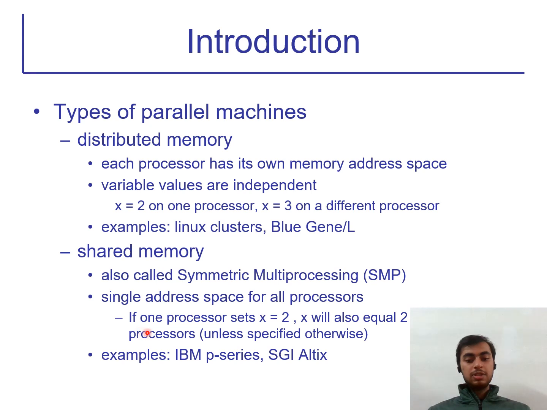If it is specified otherwise, so that in one processor x equals 2 and in another processor x is not equal to 2, then that can be another case. Examples of shared memory are IBM P-series, SGI Altix.